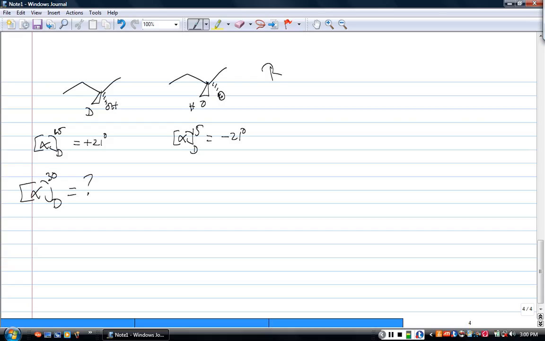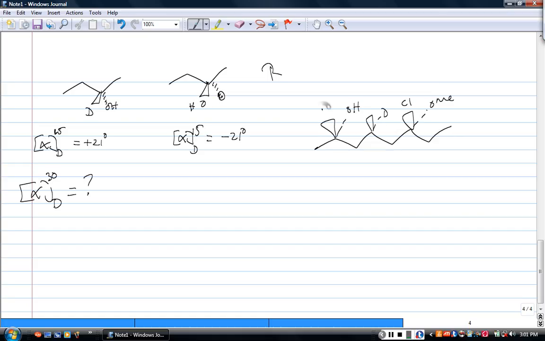The other issue is, if I look at a compound that has multiple stereocenters, OH, D, methyl, Cl, and so on, these stereocenters have different configurations. This is first, second, third. Oh, this is methyl.